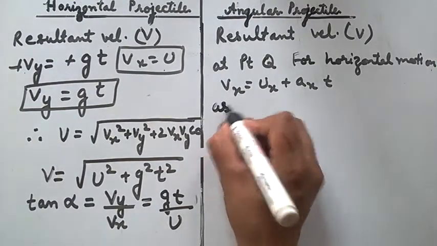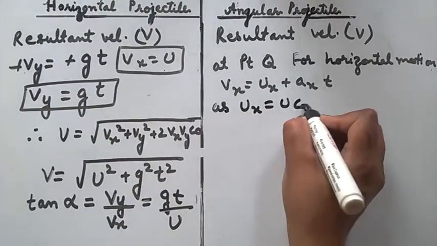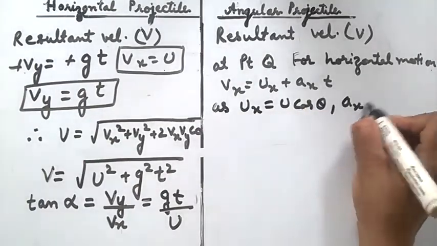Therefore, ax is equal to 0. Therefore, Vx is equal to u cos theta.